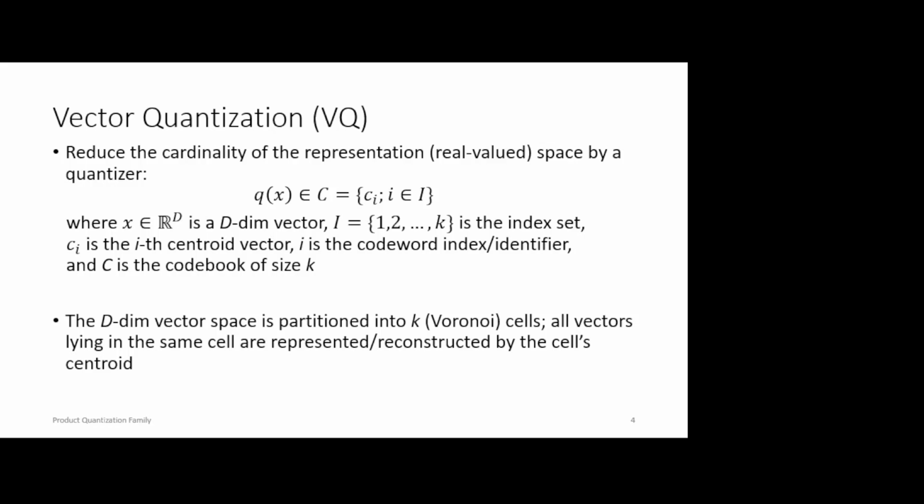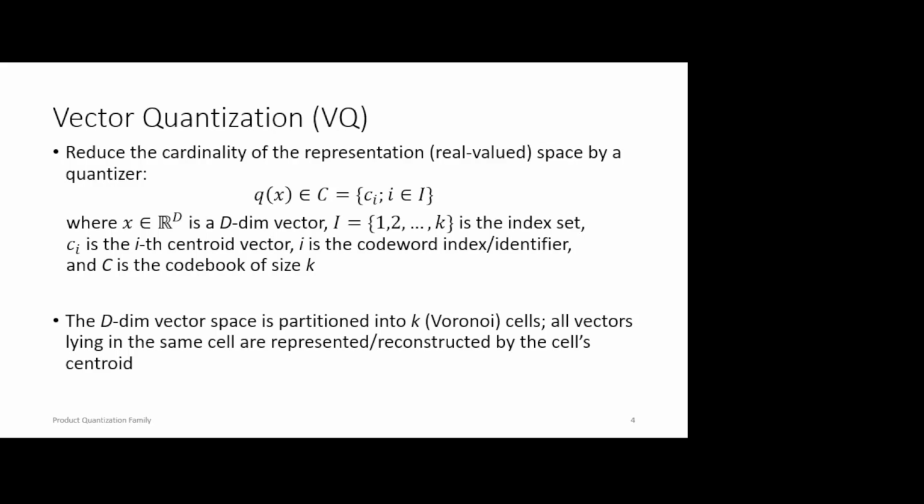All the vectors in the same cell can be represented or reconstructed by a cell centroid. So this is what we call quantization: all the data in this cluster, we can just use the centroid to represent.